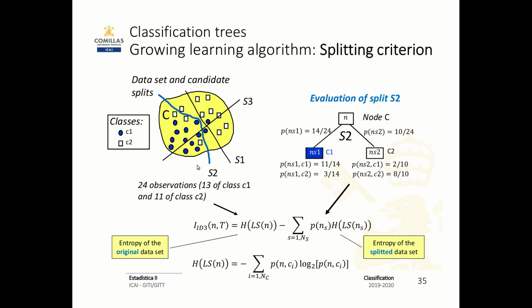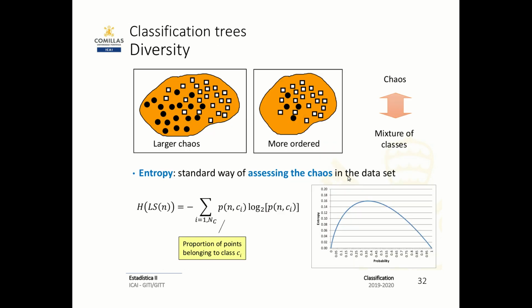So that means that, for instance, here we have 11 blue points and 3 squares. That is why we have 11 and 3. And here we have 2 and 8. So now we have these distributions that we need for the evaluation of the entropy. Each one of the children can be evaluated with this 11 over 14, 3 over 14, 2 over 10, 8 over 10.